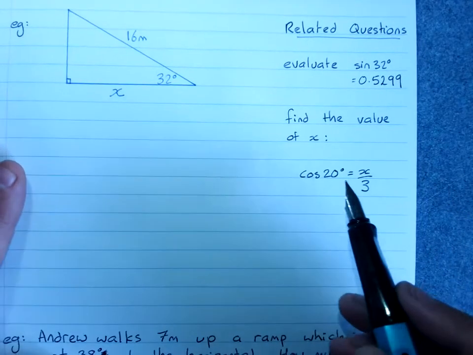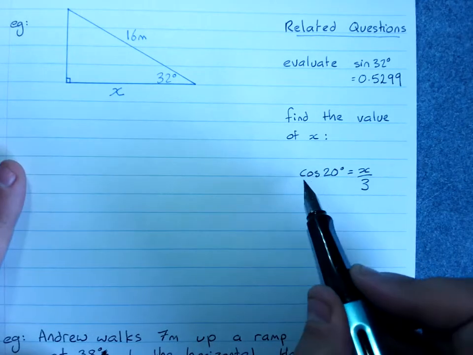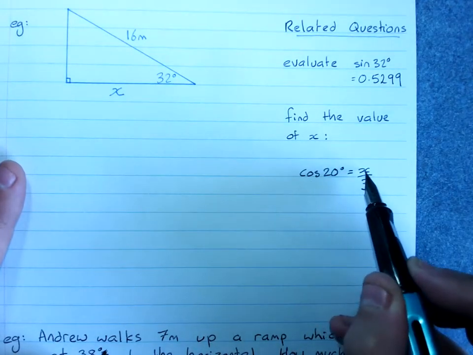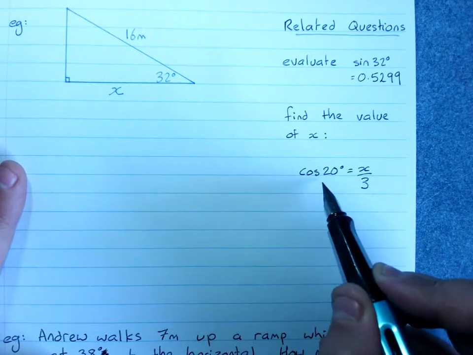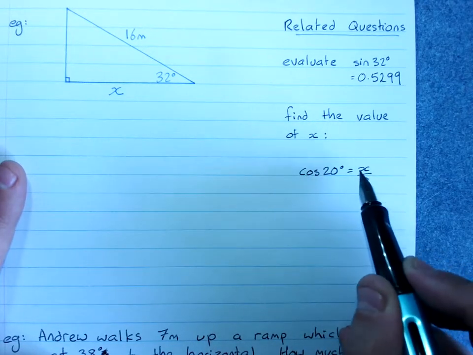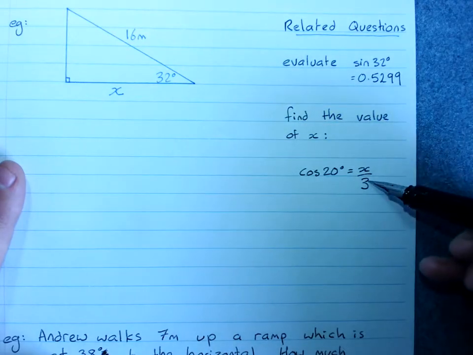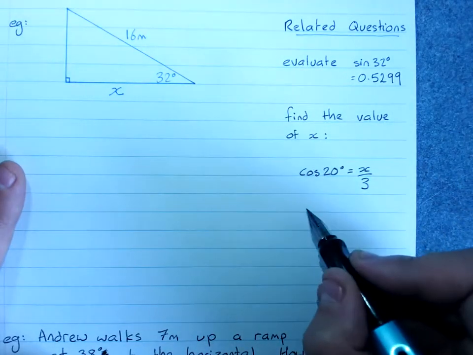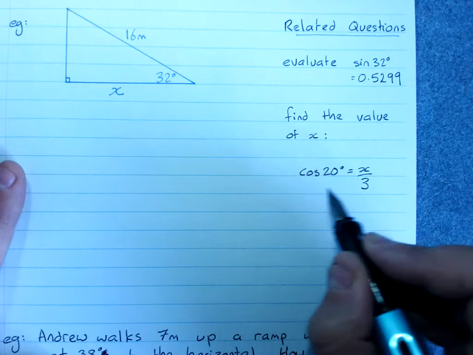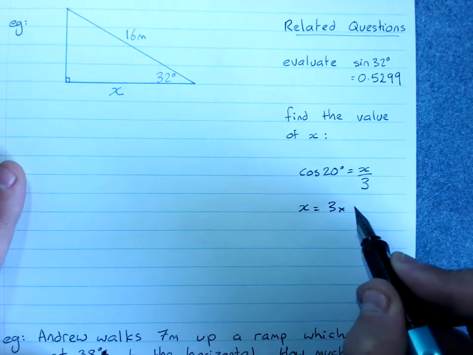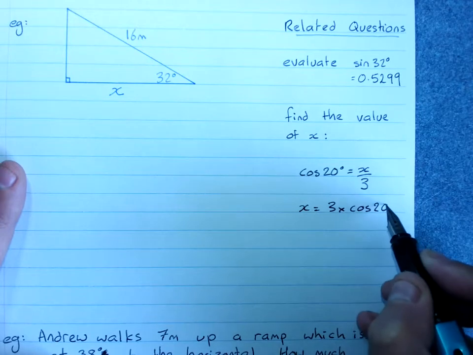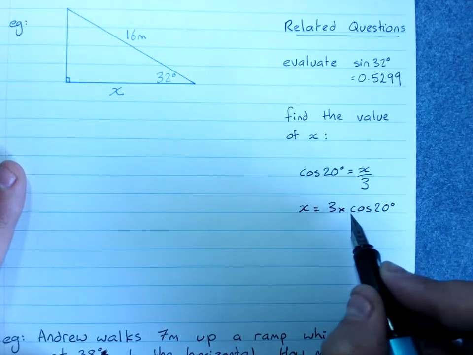Another related question, find the value of x. Cos of 20 degrees equals x divided by 3. We know we can get this from our calculator. We just want to know x. We have x divided by 3. To get x on its own, it's multiplied by 3 on both sides. So x equals 3 times cos of 20 degrees. We don't actually need to evaluate that separately.